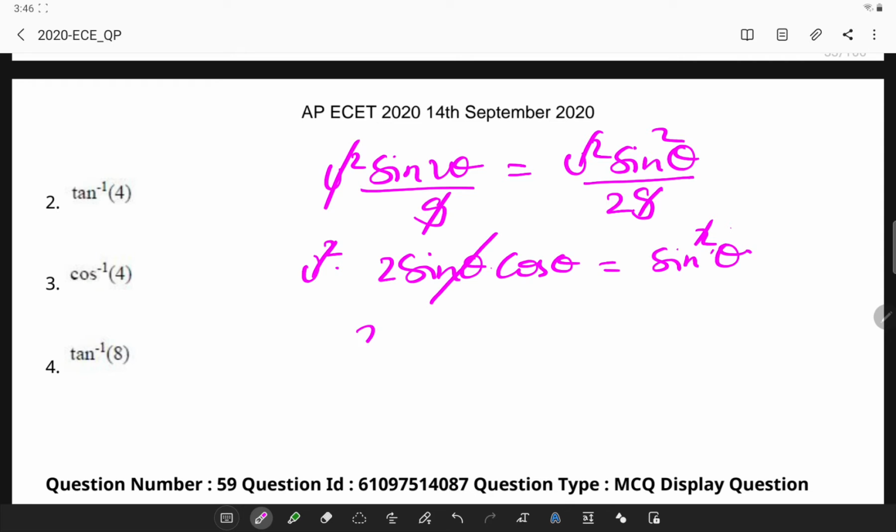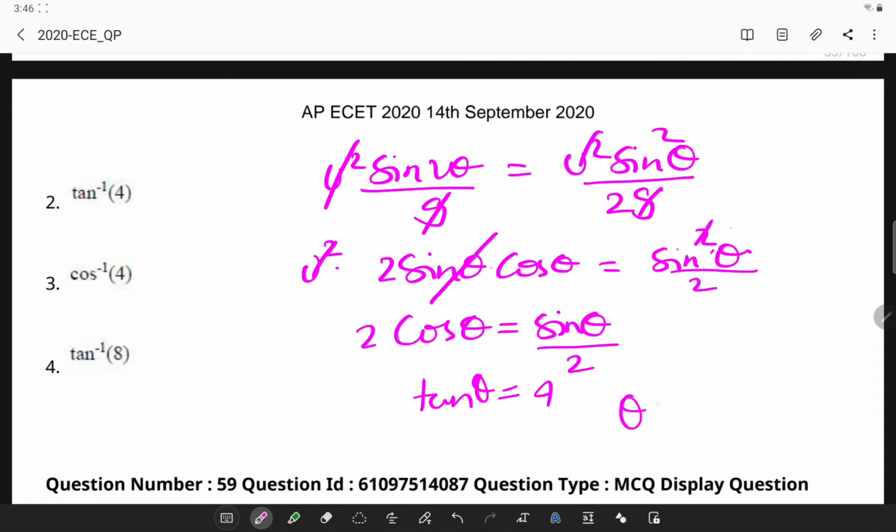If I cancel this, 2 cos theta is equal to sine theta, again I have a 2 here, so by 2, simply tan theta will be 4, or theta will be tan inverse 4. The answer is the second option.